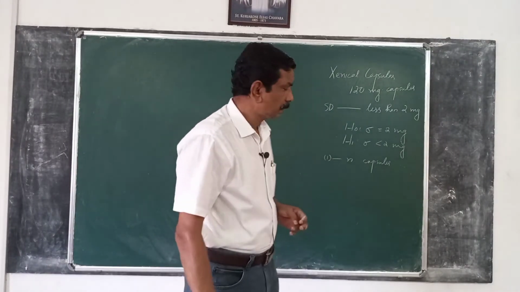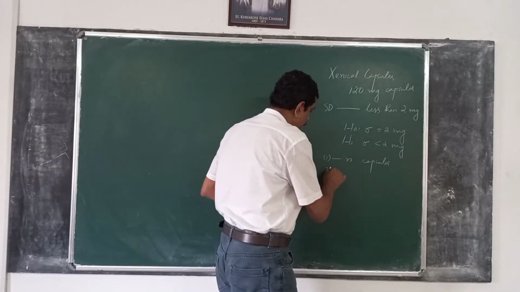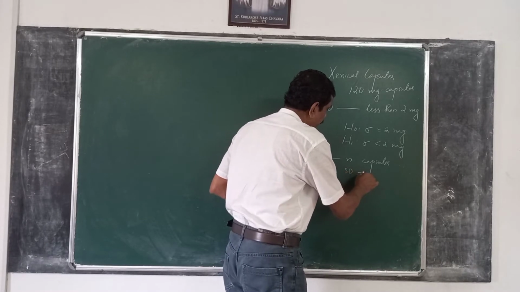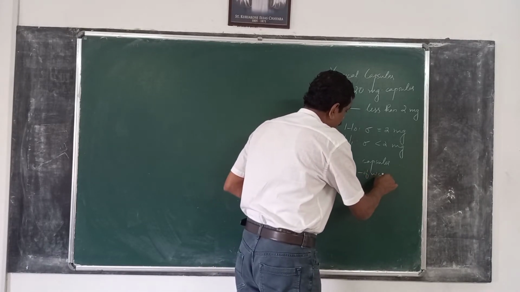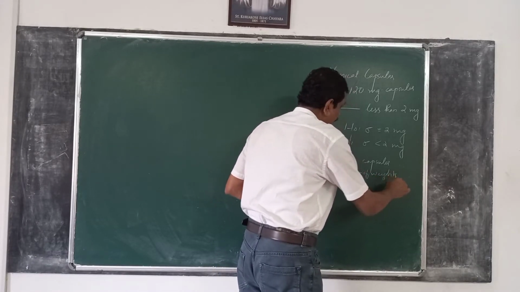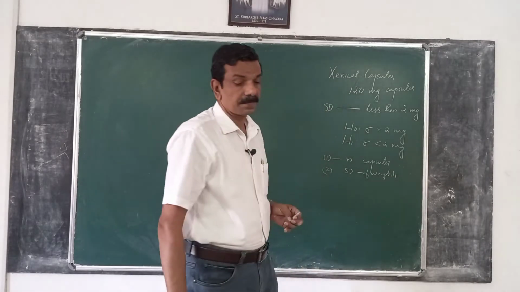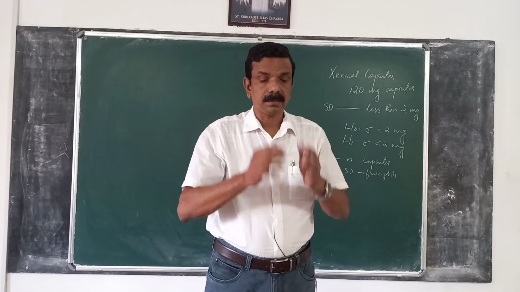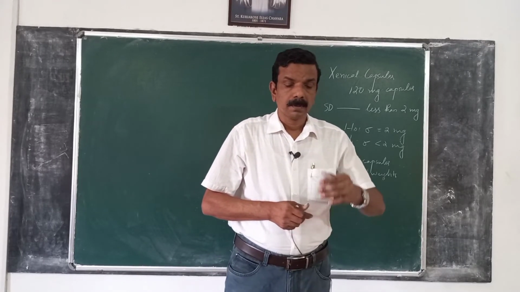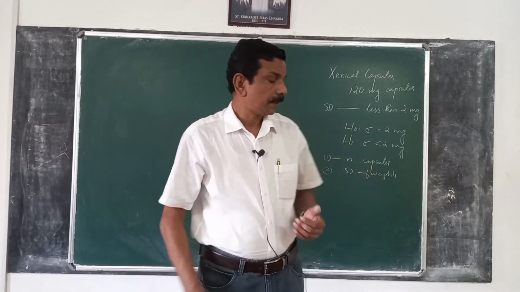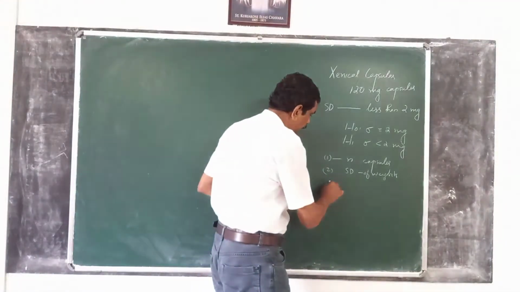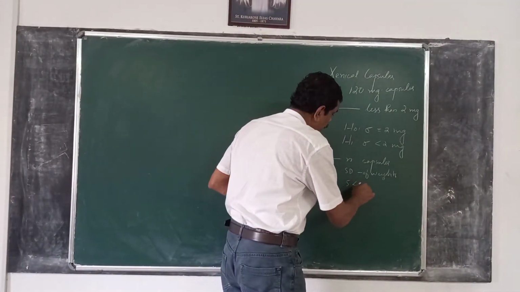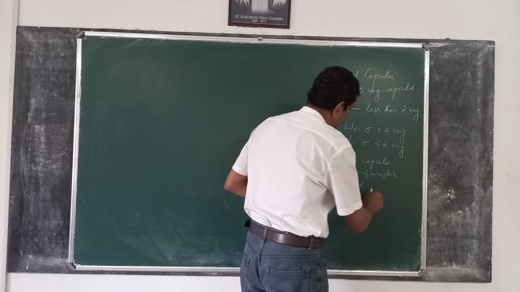Then calculate the standard deviation of the weights of the capsules. If S is much smaller than 2, if S is less than 2, then reject H0.